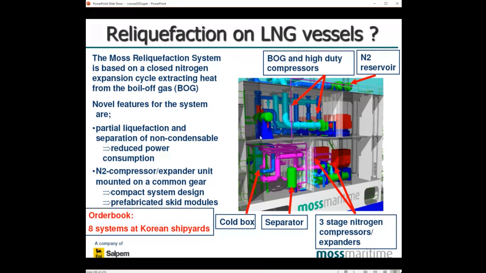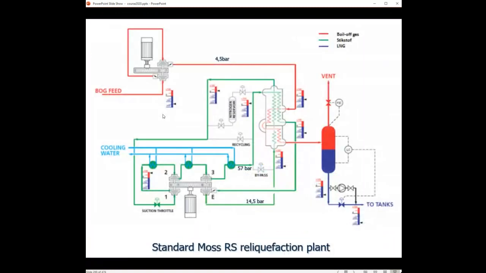Of course, you can imagine if the boiling temperature of nitrogen is minus 196, that you'll need a lot of energy to reliquefy the LNG. And that is one of the cons of the system. And that is why we were not happy to do so. But finally, we try to create systems that can do it in as efficient a way as possible.